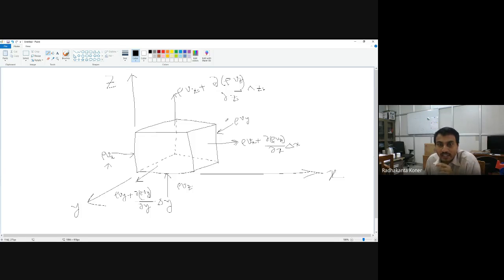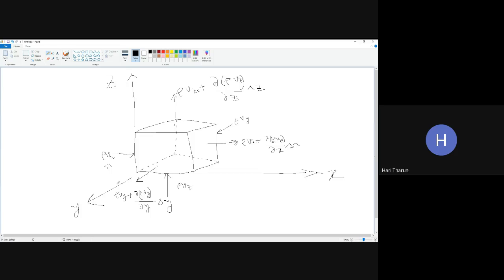Similarly for the y, this is the in amount and this is the exit amount, and the difference is the net gain in the y direction. So summing up the x, y and z directions gives the net gain of this block in three different directions. It is understood?